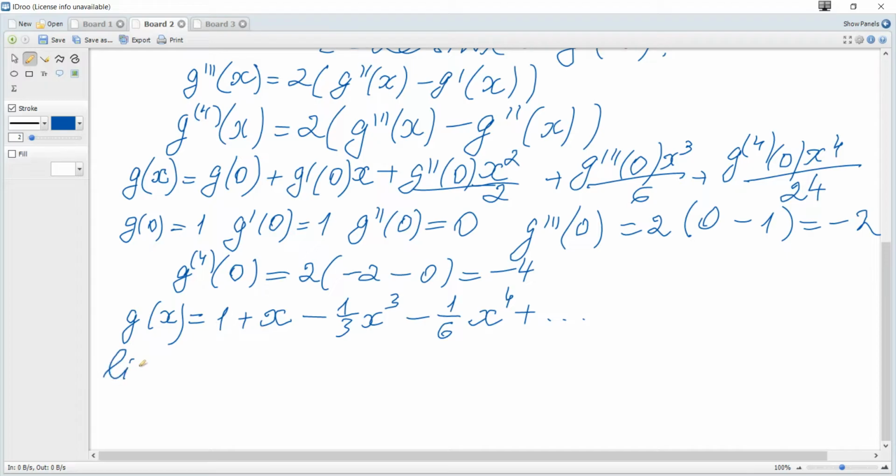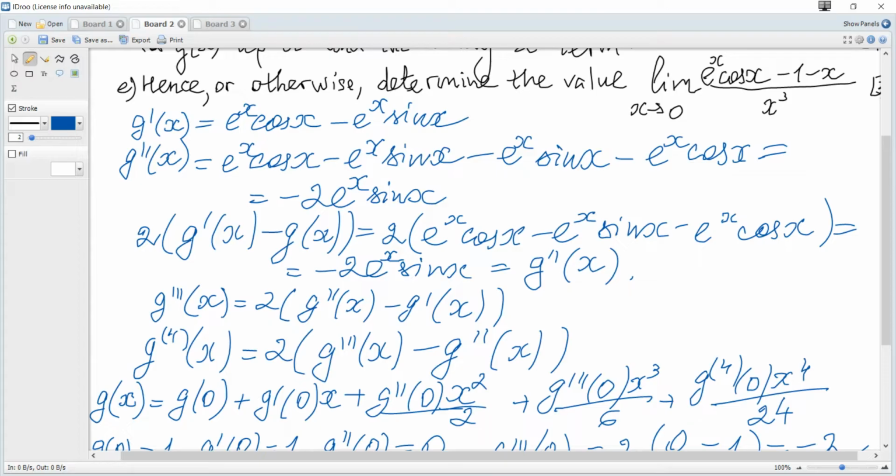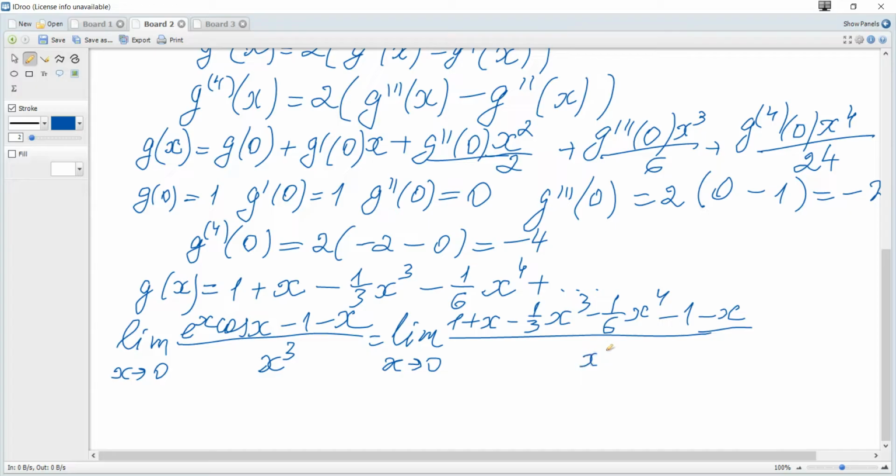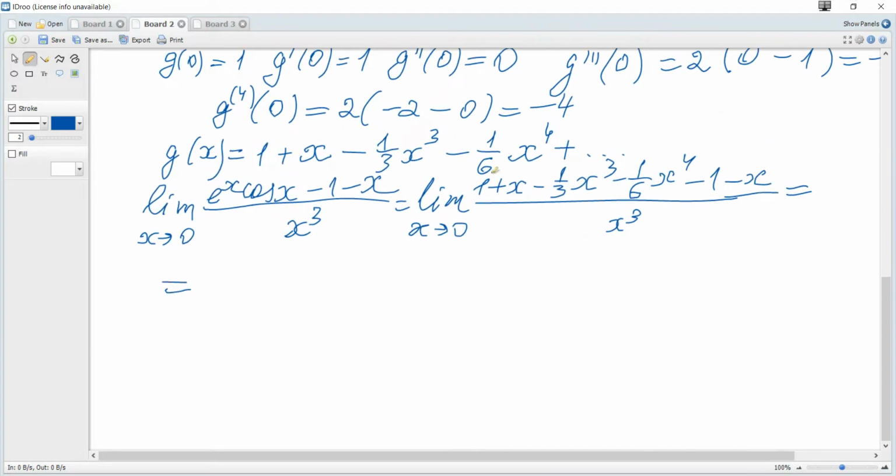So the limit as x tends to 0 of e to the power of x cosine minus 1 minus x over x cubed is equal to, just substitute the expansion, 1 plus x minus 1/3 x cubed minus 1 over 6 x to the power of 4 minus 1 minus x over x cubed, which is 0 over 0, and it is equal to the limit of negative 1/3 minus 1 over 6 x and other higher powers of x.